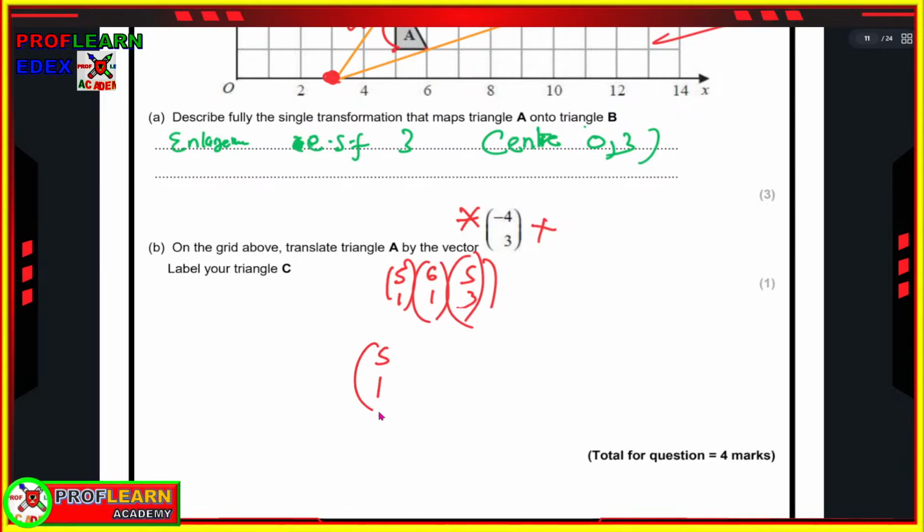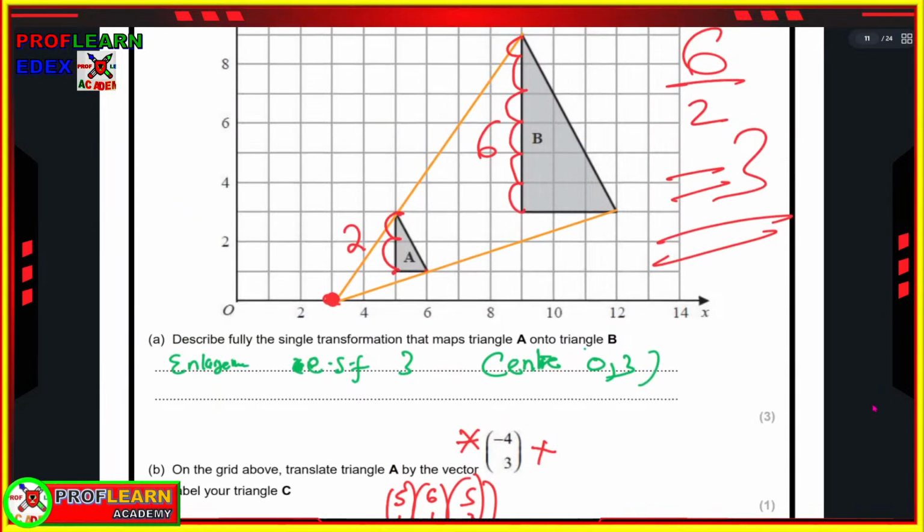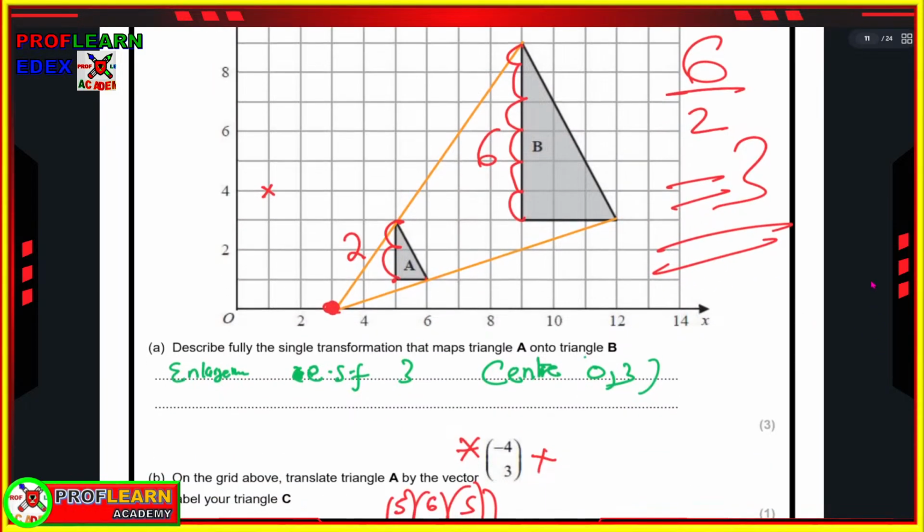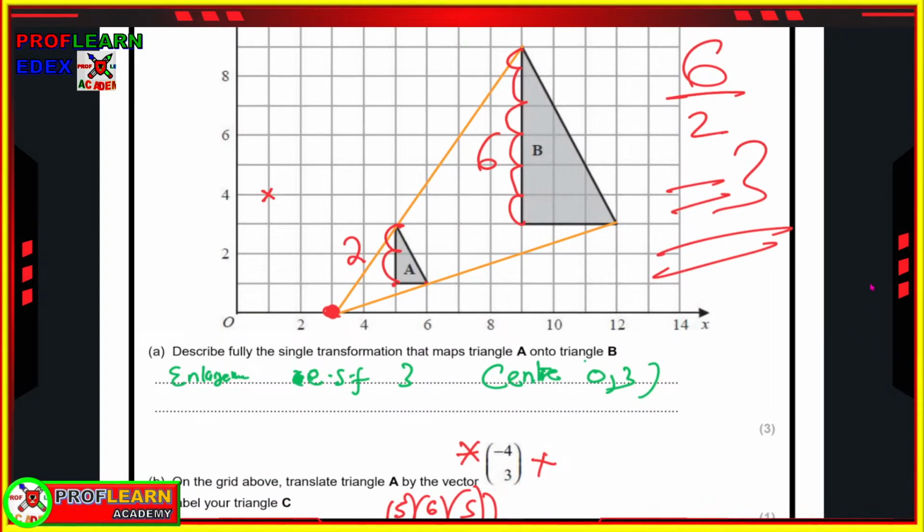minus 4, 3. So if you add this 5 plus negative 4, that will be 1. 1 plus 3 is going to be 4. So that image is going to be 1, 4. That one will come here. And so you do the same for each of the points.